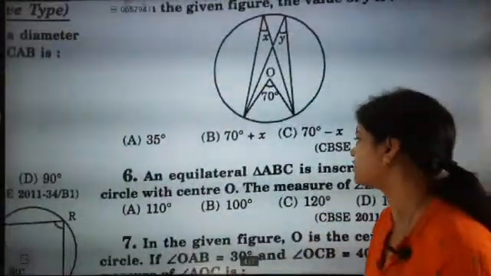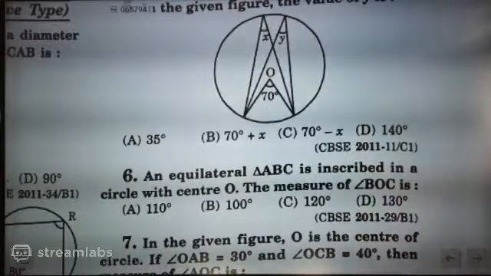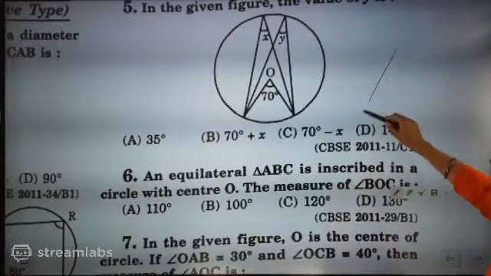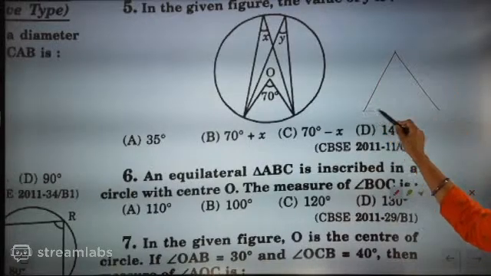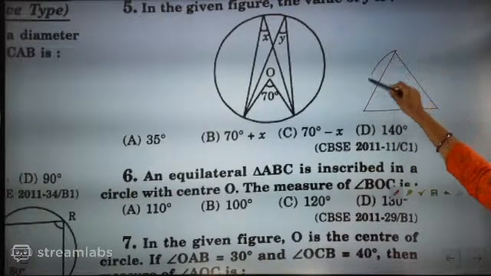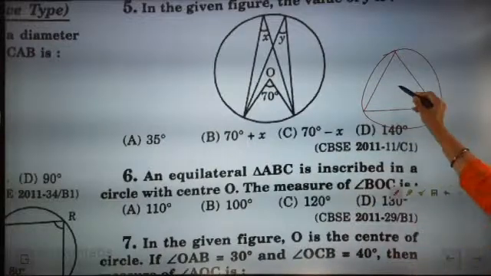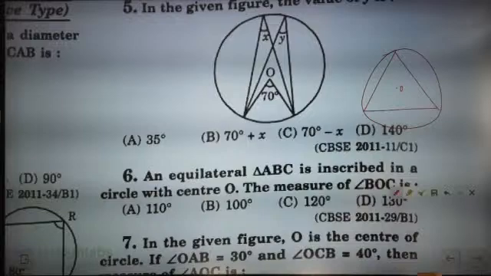An equilateral triangle ABC is inscribed in a circle with center O. The measure of angle BOC is?